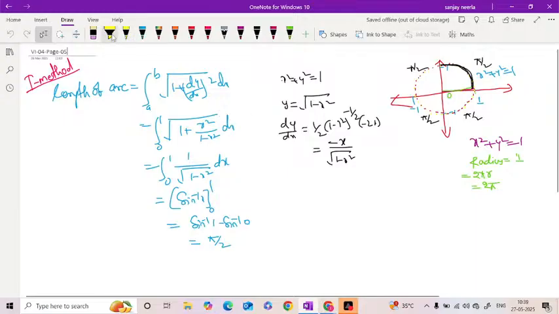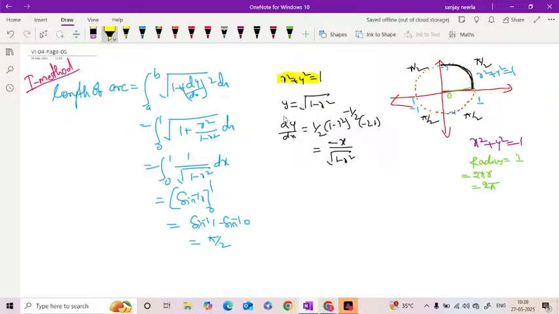The circle equation is x square plus y square equal to 1. After separating y, y is equal to the square root of 1 minus x square, and the formula for finding the arc length is the integral from a to b of the square root of 1 plus dy by dx whole square, and here the x limits are 0 to 1 only. So finally we will get pi by 2 as the result. So this is the first one.